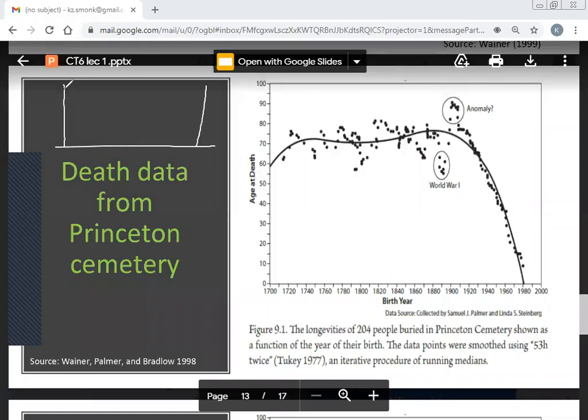So what I did was I saw whether a person died at this age, or died at this age, or never died at all. This represents the starting point. This represents the time when a particular person was born. And this is my 1720 and this is my 1980.